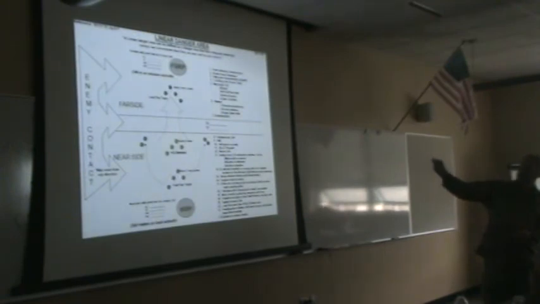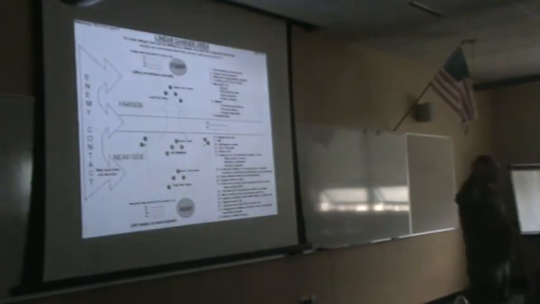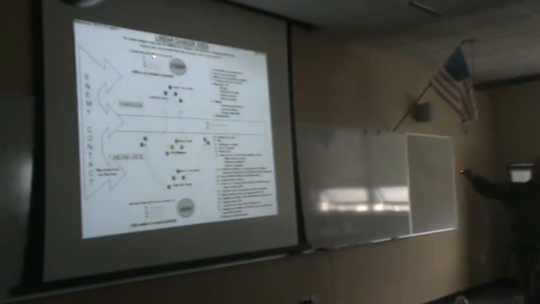As a planning consideration, when you make your plan to cross an LDA, you must give a grid location and a terrain feature for all three elements: the near side rally point, the actual crossing point, and the far side rally point. You're also going to include a direction and distance from the crossing point for your rally points. Does everyone understand that?